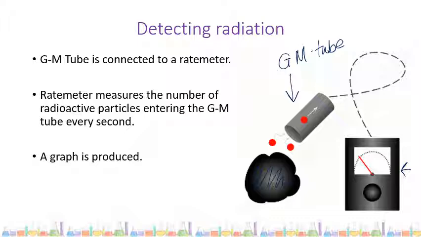The rate meter measures the number of radioactive particles entering the tube every second. And it will produce a graph for us to show how many particles are being produced per second. That is how many alpha, beta particles are being produced, or gamma rays.